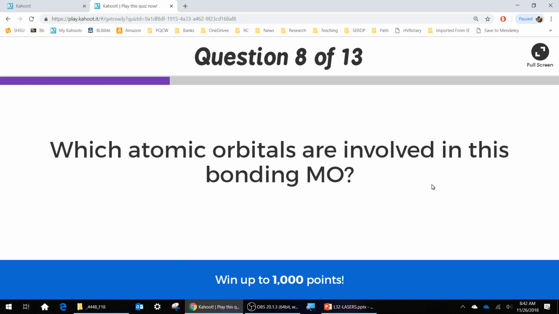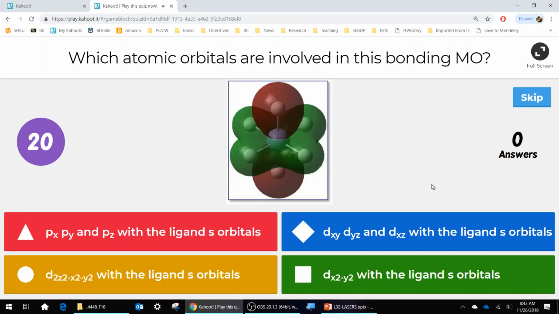Which atomic orbitals are involved in this bonding MO? Yeah, which atomic orbital? So we have options. The red is px, py, pz with the ligand s orbitals. The ligands are the things on the outside. dxy, dyz, dxz with the ligand orbitals. It's the blue. The d z squared minus x squared minus y squared with the ligands.